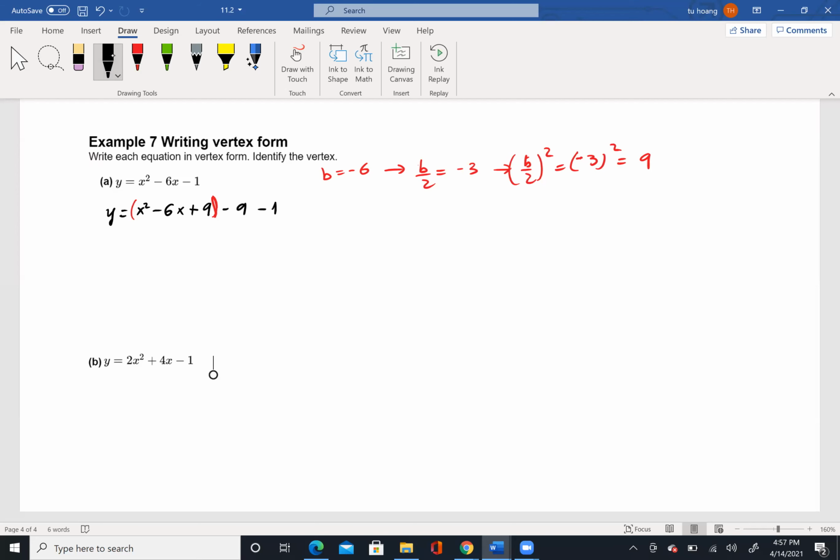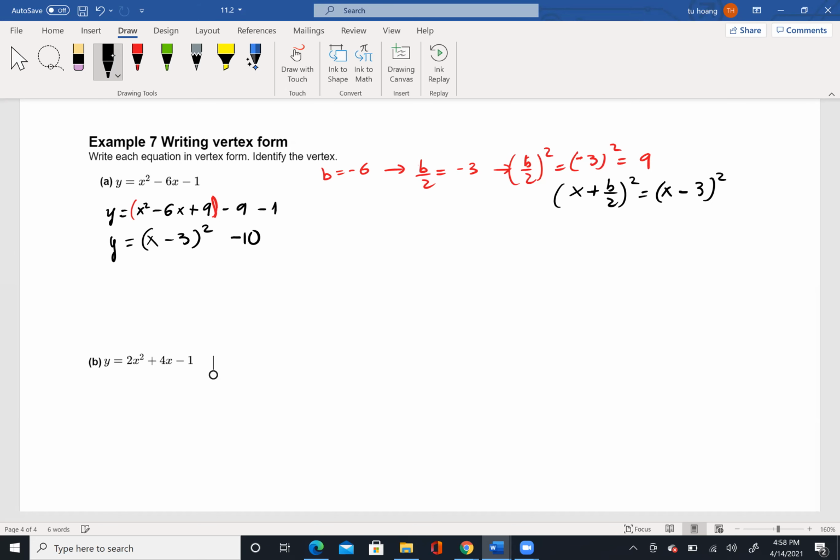And the perfect square trinomial is in the form x plus b over 2 squared, which is x minus 3 everything squared. So I'm going to change this to y equals (x - 3)² minus 10.